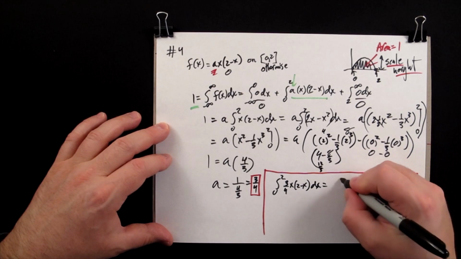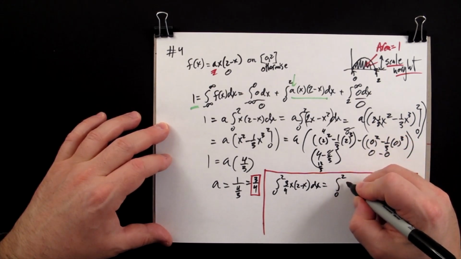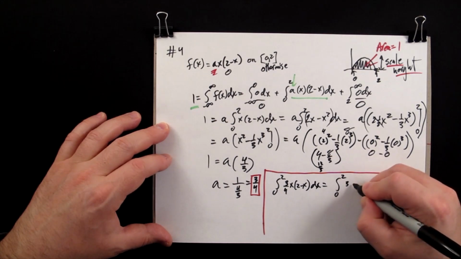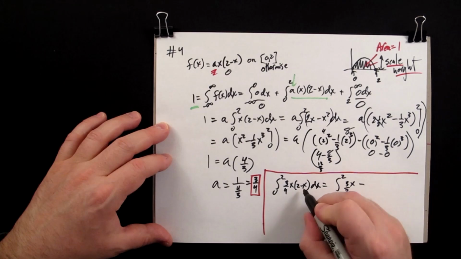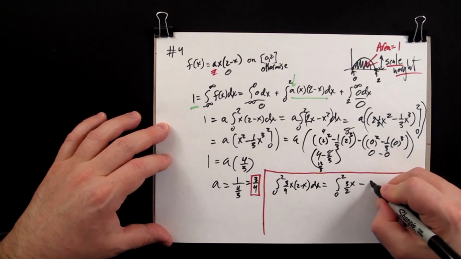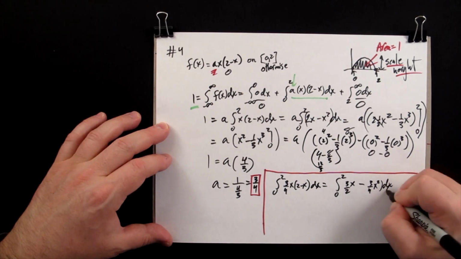So that is going to be the integral from 0 to 2 of 3/2 x minus 3/4 x squared dx.